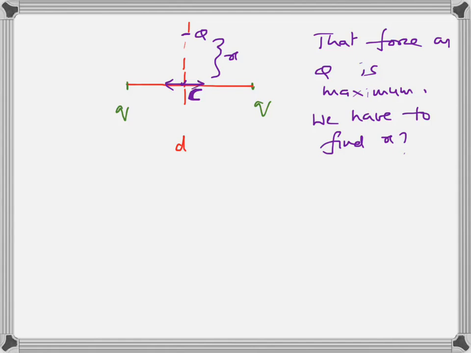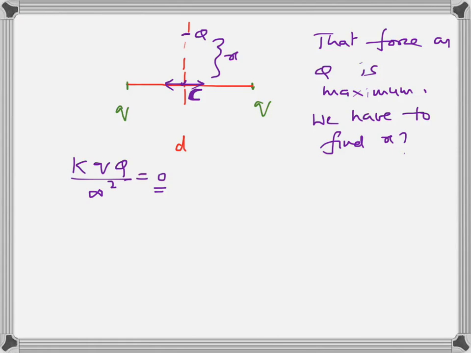Similarly, if I put capital Q at infinity, the force exerted by both the charges, kQq by infinity square, will be 0. So you see, when I take this capital Q from center to infinity, force goes from 0 to 0.